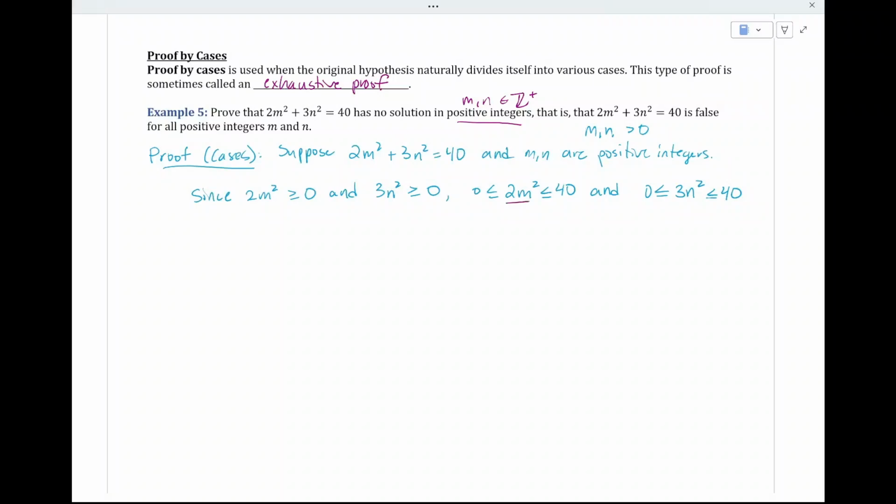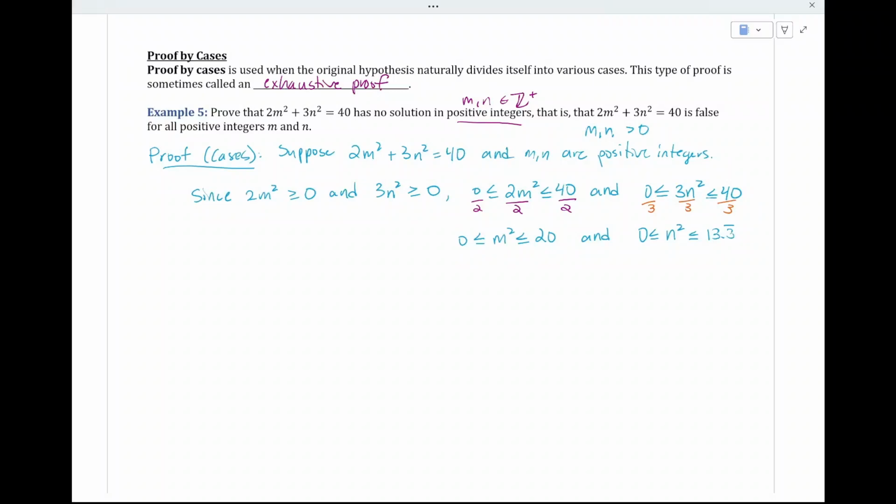Let's work with each of these inequalities. I'm going to divide everything in here by 2. So 0 is less than or equal to m squared is less than or equal to 20. And divide everything in here by 3. 0 is less than or equal to n squared is less than or equal to 40 divided by 3, which is 13.3 repeating.